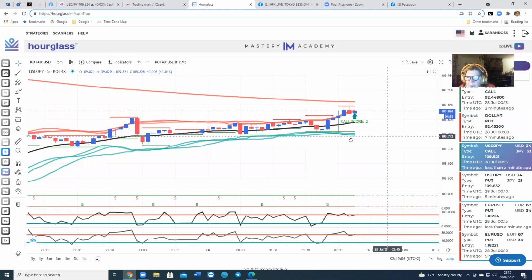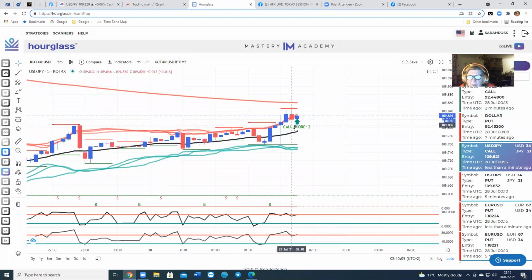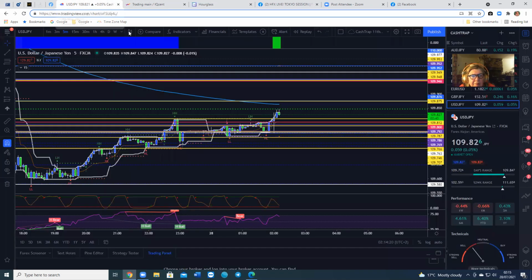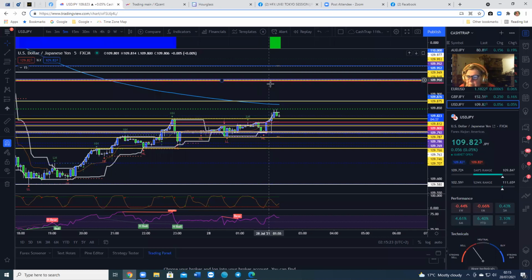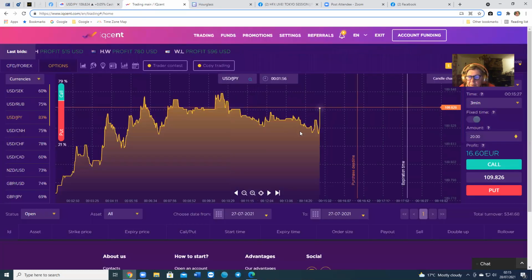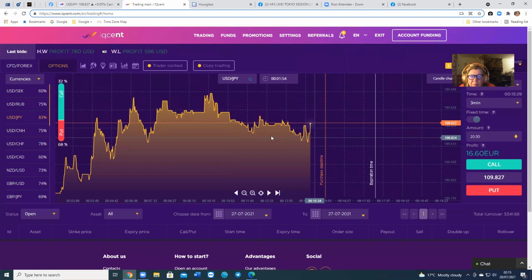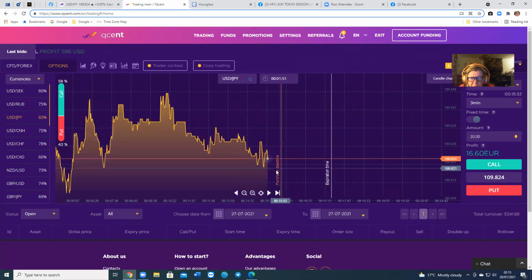USDJPY for a call at 821. It's been surfing up here. So the only thing is, we know it's going up. We've got the red moving average, so it's 821, 824, 826 on the broker as a call.